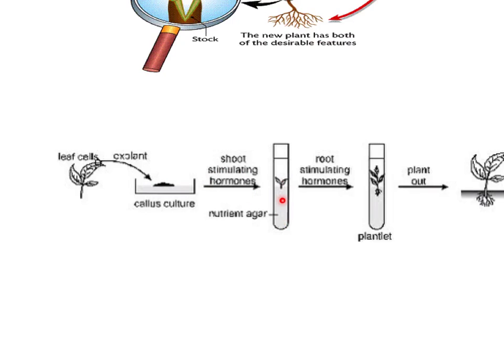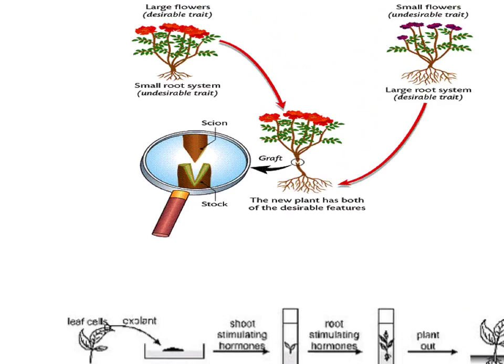One medium has a hormone which stimulates shoot growth, so the shoot starts to grow. Then we transfer them to another growth medium, and this one develops roots. Once it's a certain size, we can transfer it to a glass house, let it continue to grow, and then it can eventually be planted into soil. And this plant here is an exact genetic clone of this plant here.